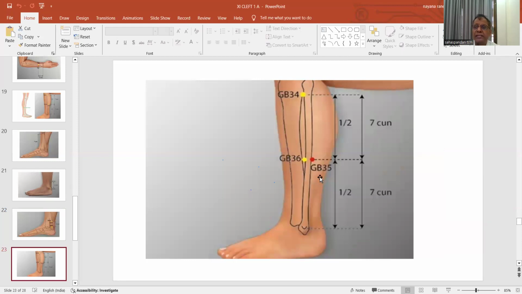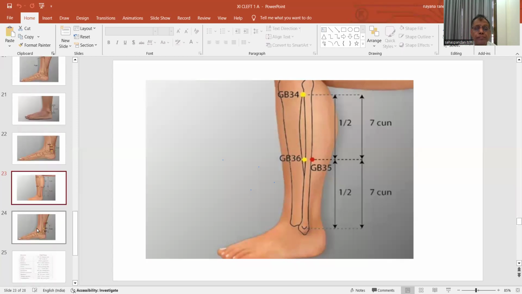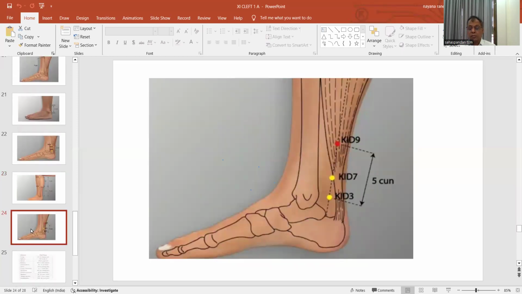See, gallbladder 35. Gallbladder 35 is the xi-cleft point of the yang linking vessel, but has very few relevant indications. Then kidney 9. See the kidney 9. Kidney 9 is one chun above kidney 3.